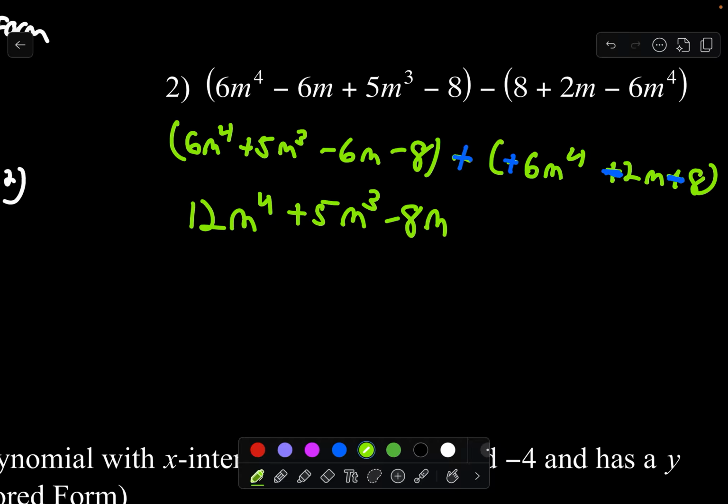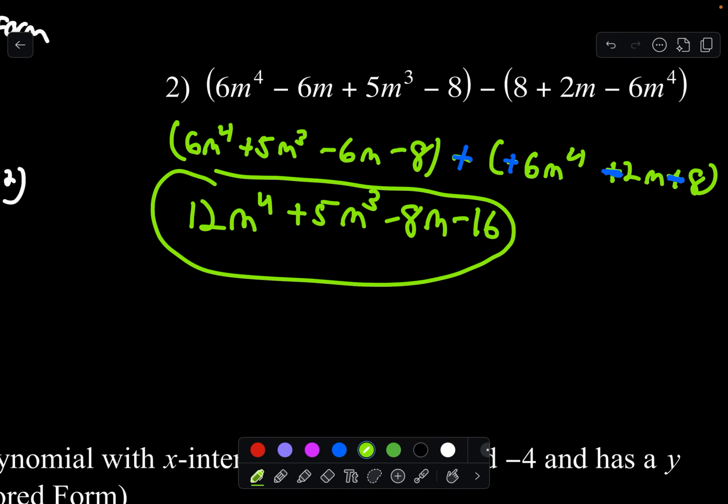And then finally we have negative 8 plus negative 8. That's not 0, that is negative 16. And that is the difference between those two polynomials.